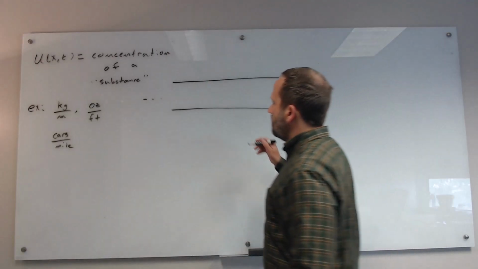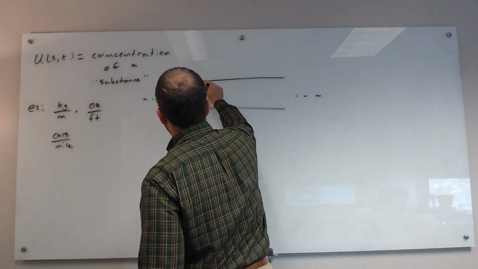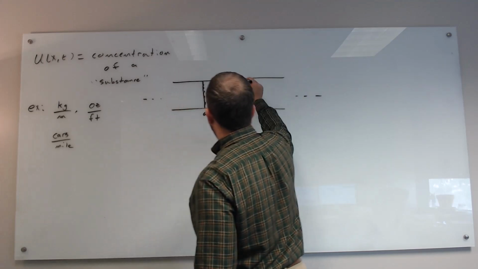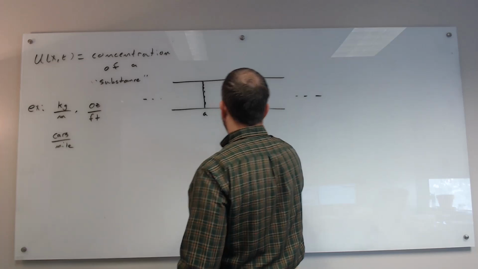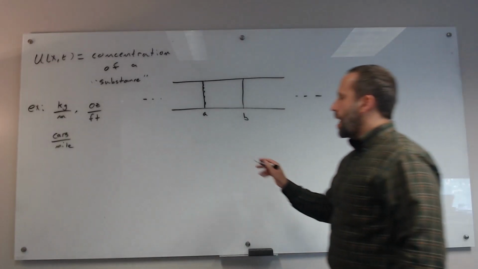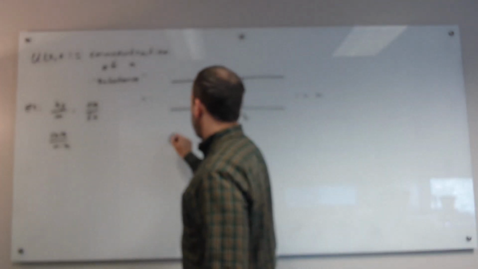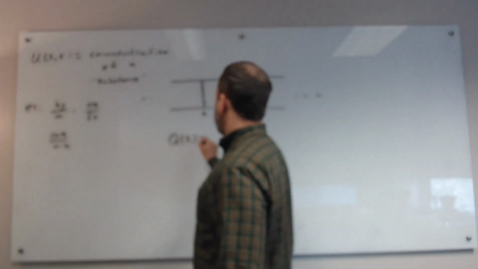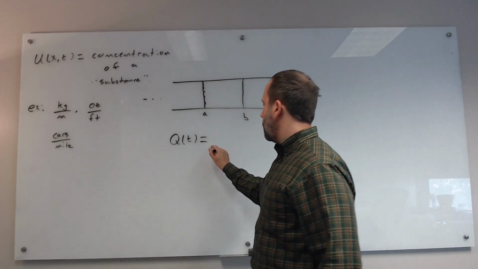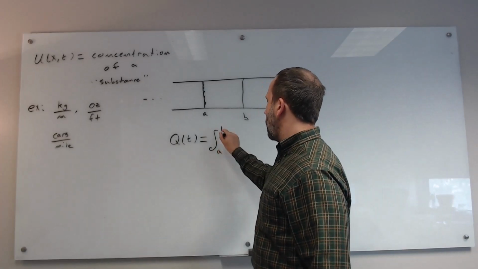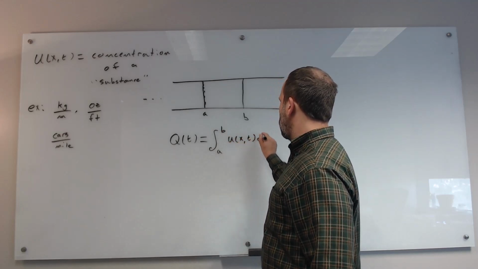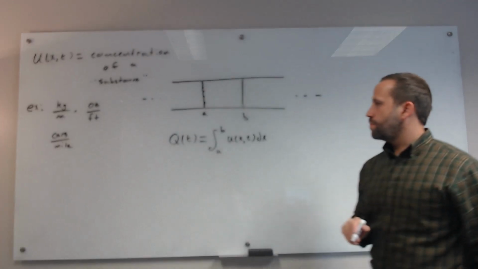And so one of the basic things we're going to start with is something that we've seen so far. If I look at a generic point A and a generic point B, what does it mean when we say u is a concentration? It means at any time, the amount of substance between points A and B is going to be the integral from A to B of u(x,t) dx.